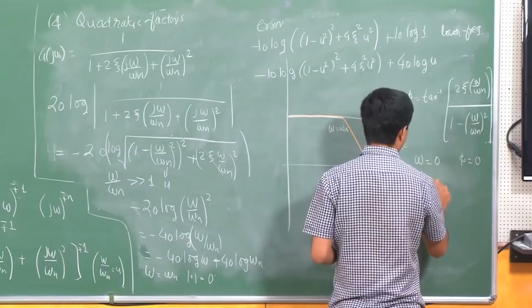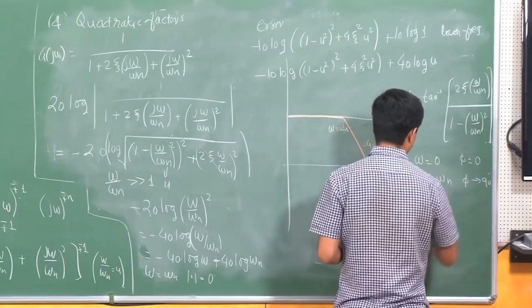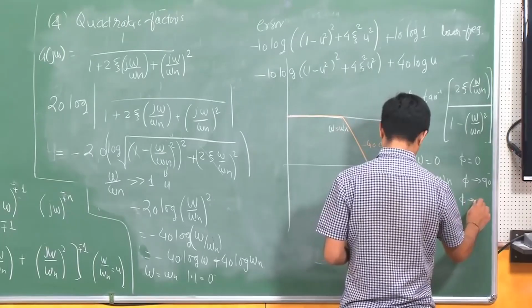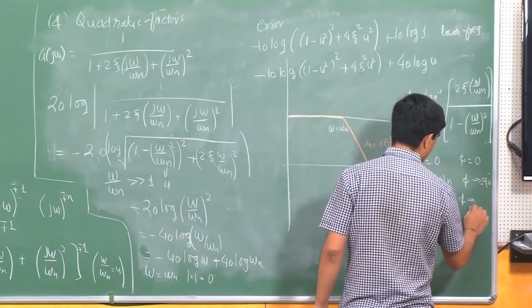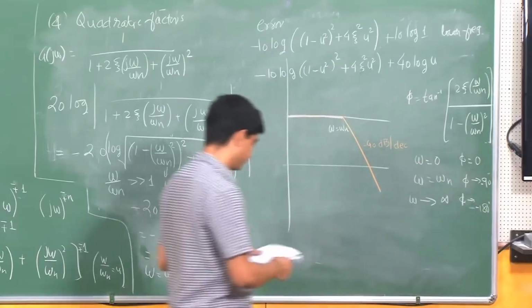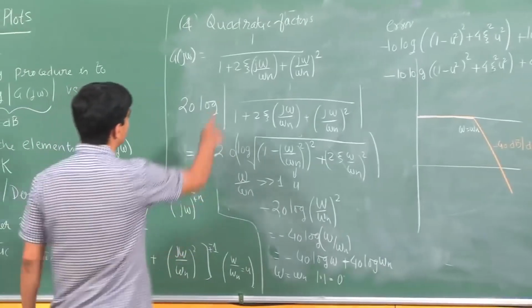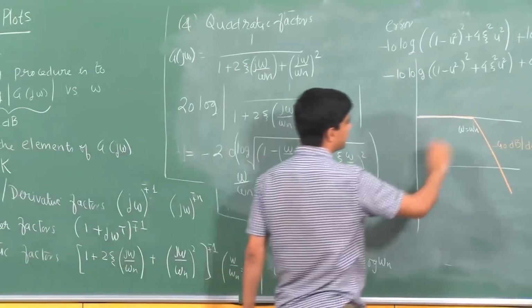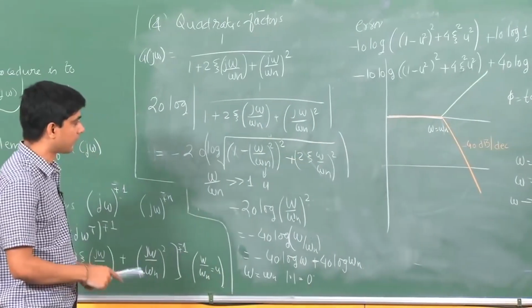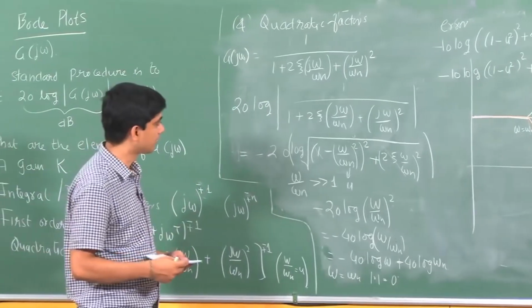When omega is omega n, phi is minus 90 degrees, and when omega tends to infinity, phi goes to minus 180 degrees. A similar thing will happen when I have this term in the numerator; all other analysis will be the same. We will go back to the screen and see how these things look.